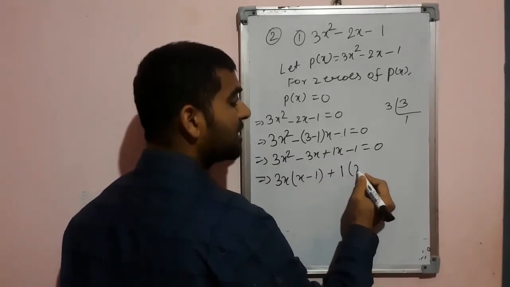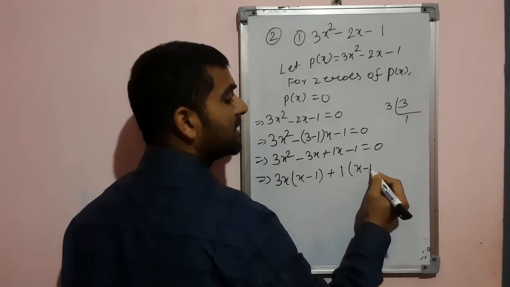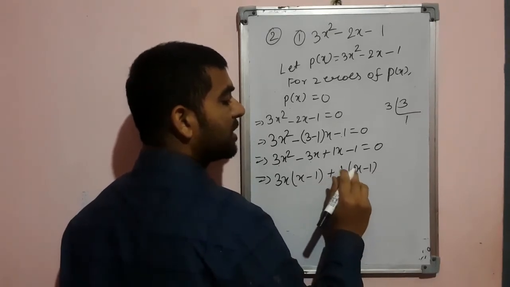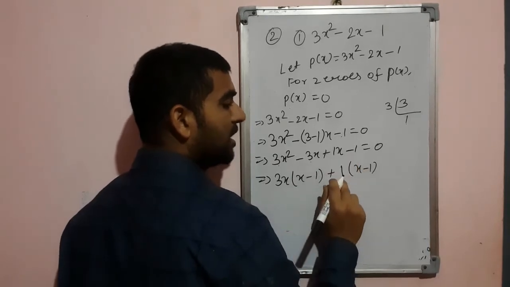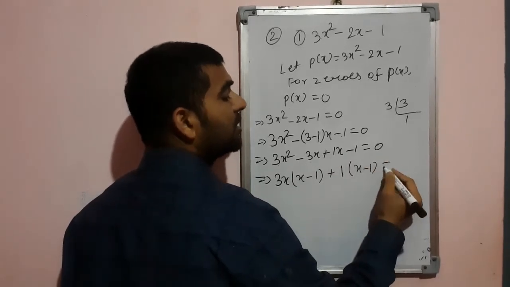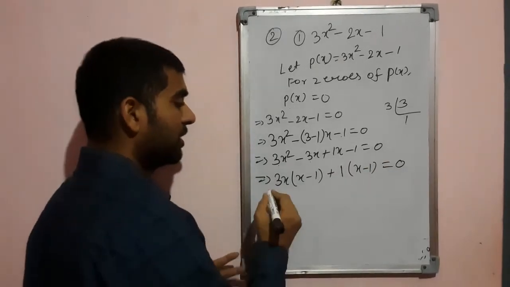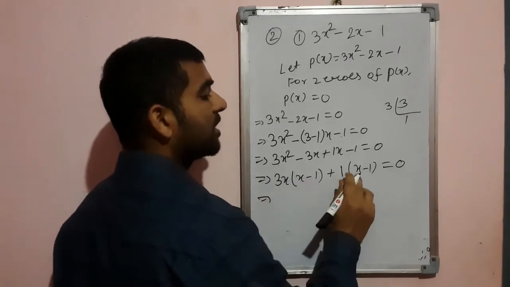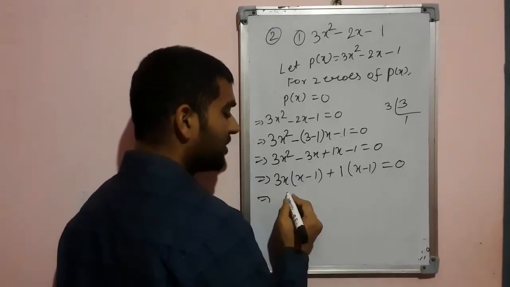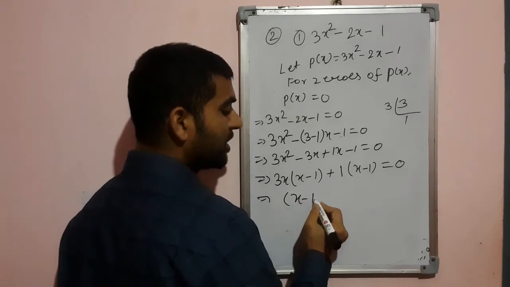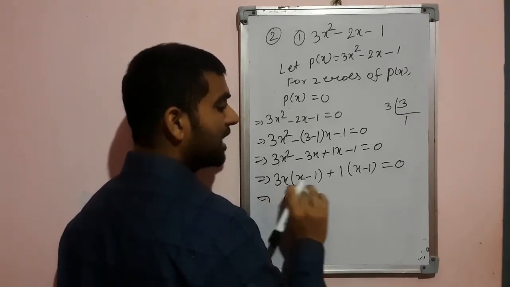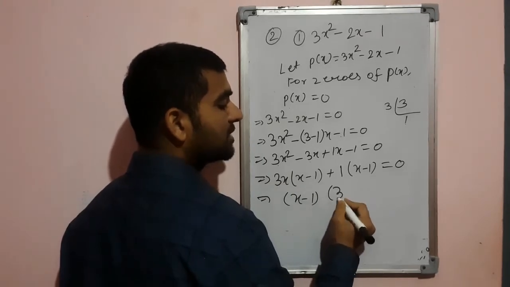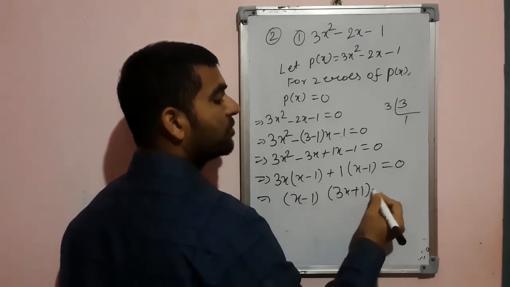Inside the bracket, x minus 1. Now see, here x minus 1, here also x minus 1. So we will take x minus 1 common. Then what is left outside the bracket? 3x plus 1 equal to 0.